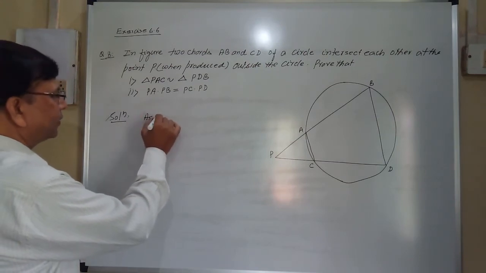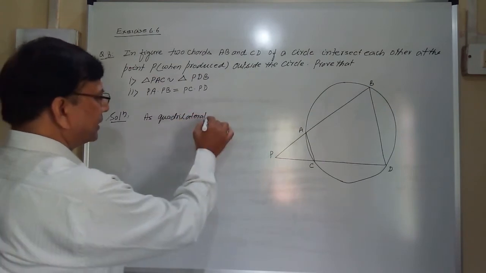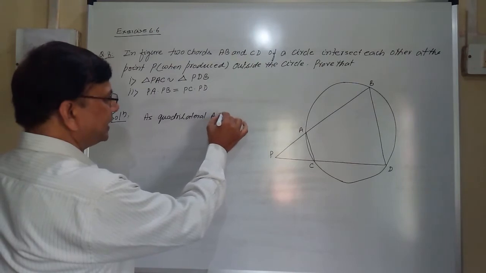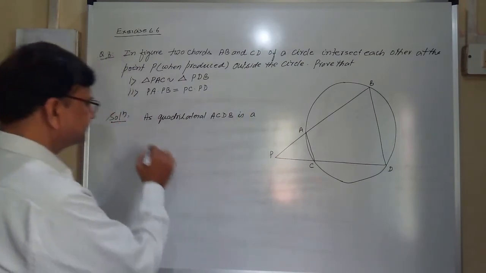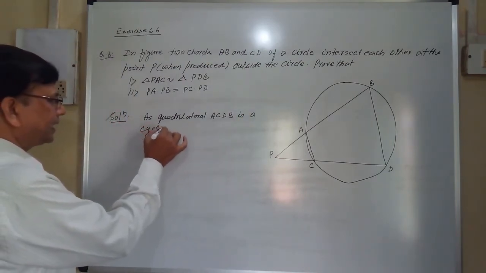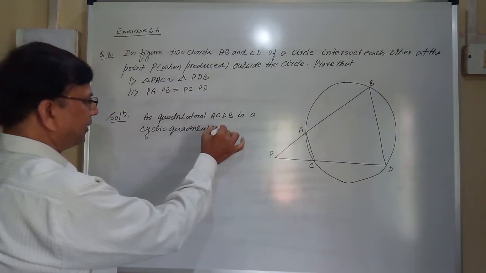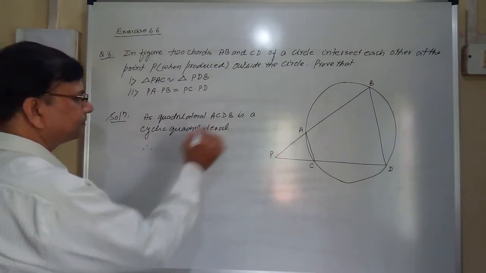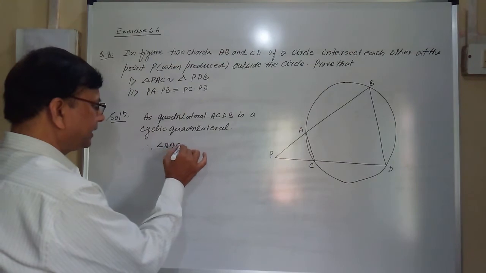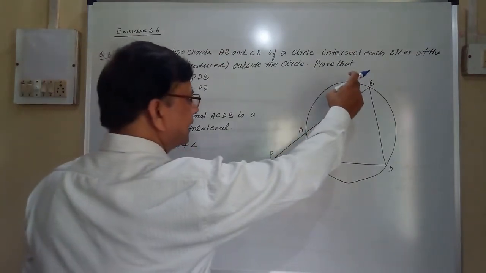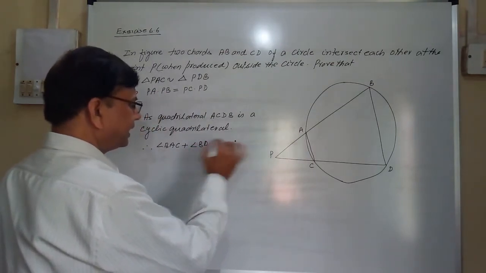As quadrilateral ACDB is a cyclic quadrilateral, therefore angle BAC plus angle BDC is equal to 180 degrees.